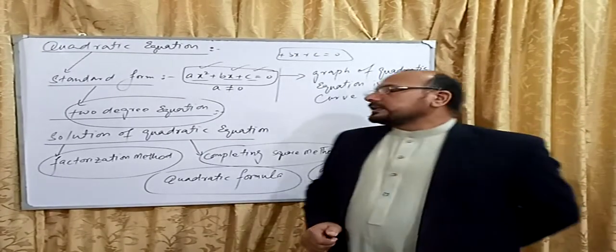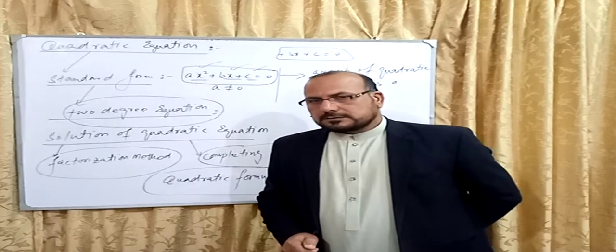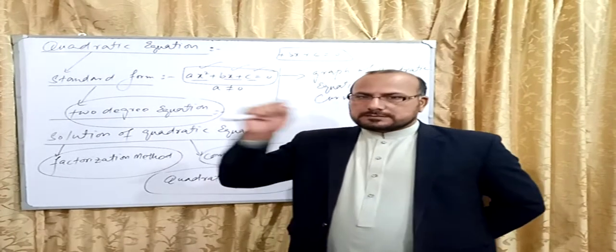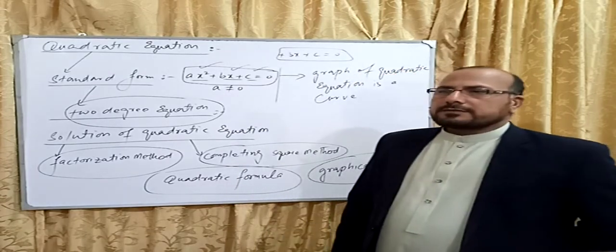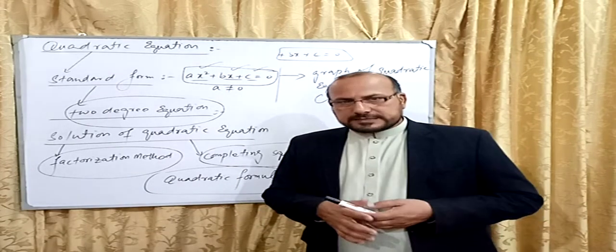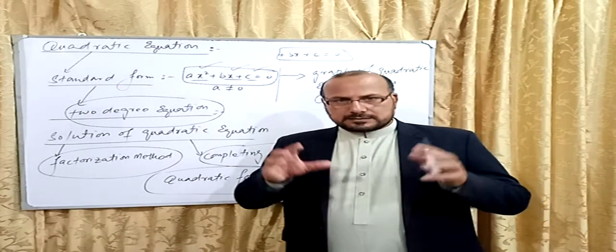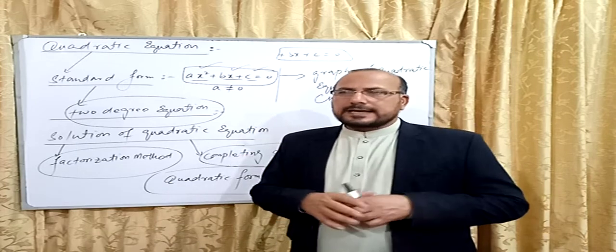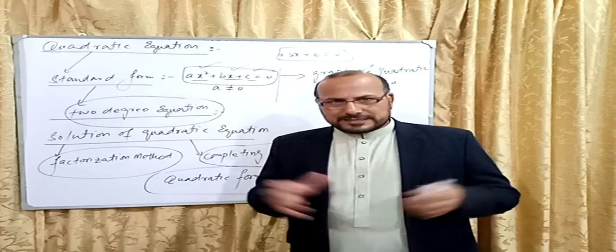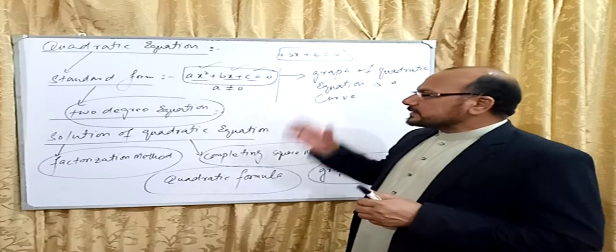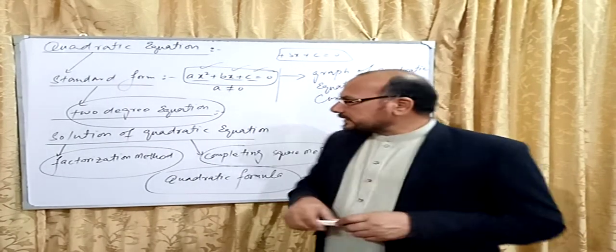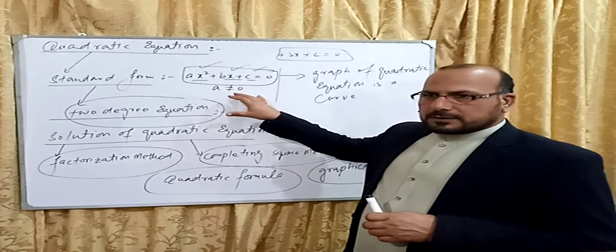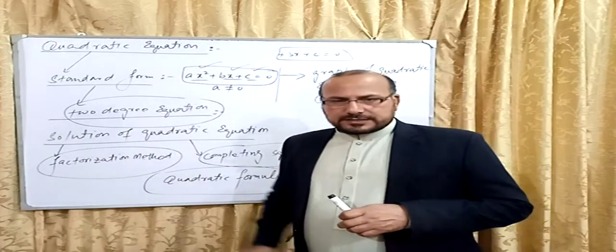Basically, a linear equation gives us a straight line, which we studied in previous classes. But a quadratic equation gives us different geometrical shapes like a curve, a circle, an elliptic shape, a parabolic shape. So we get different curvy figures from the graph of the quadratic equation.